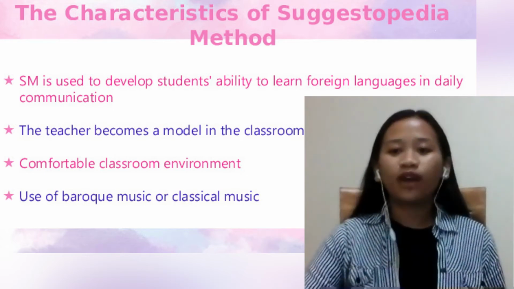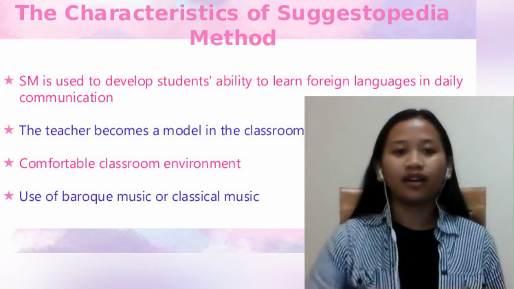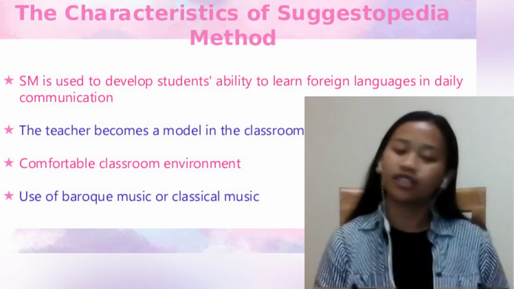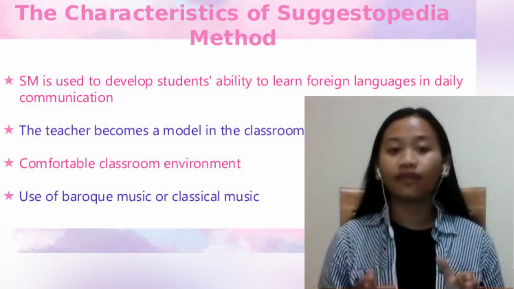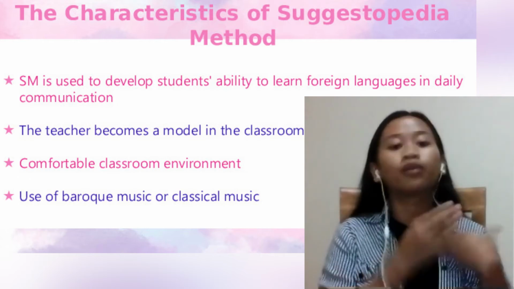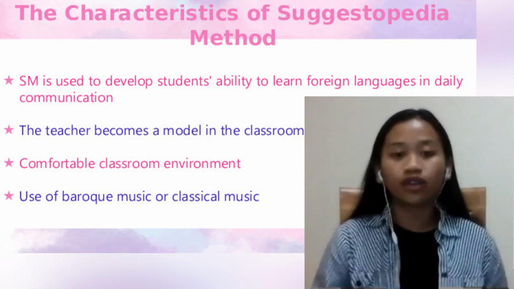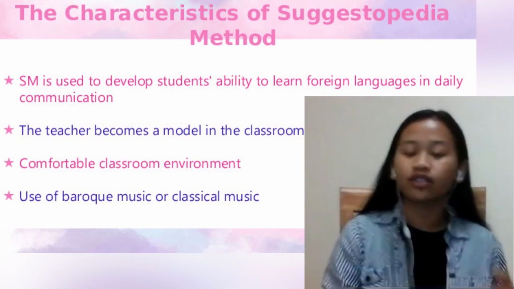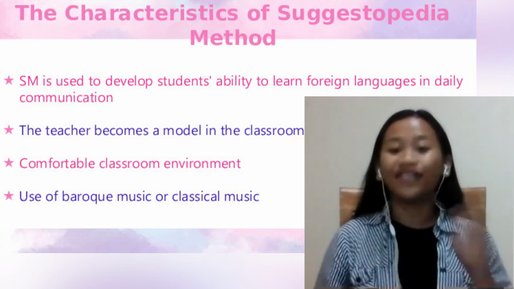And then the fourth one is using baroque music or classical music. The use of this music during the learning process can make the students feel more relaxed and of course increase their concentration.